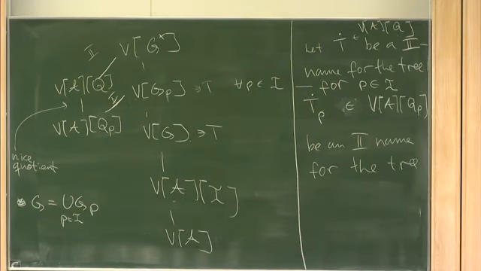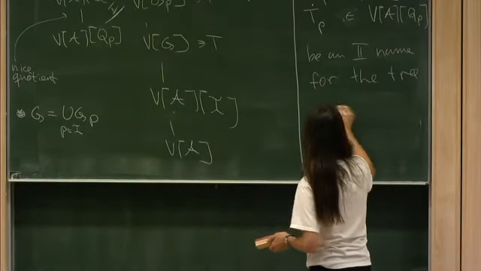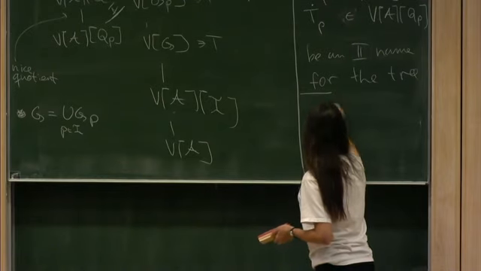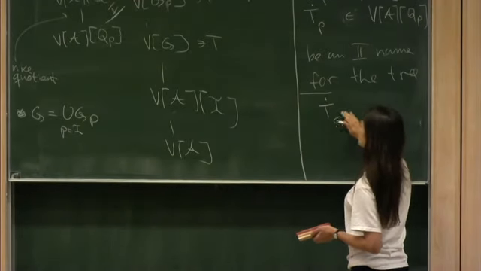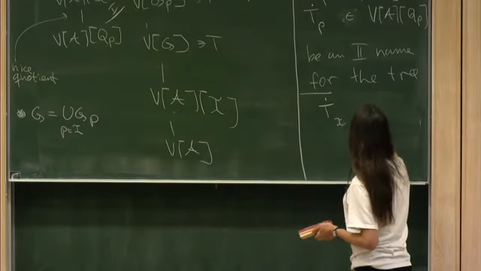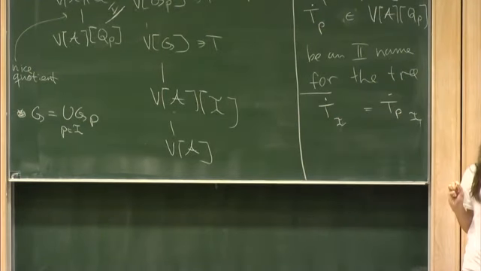Okay. And okay, but, well, I'm going to write this. So, in particular, T dot of I will equal T dot P sub I, which is what I want to say.